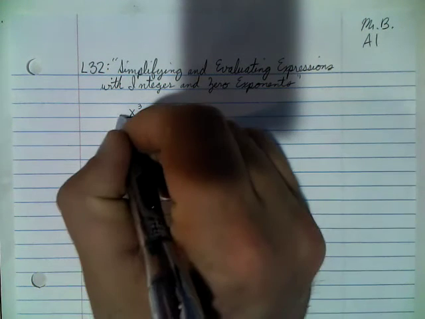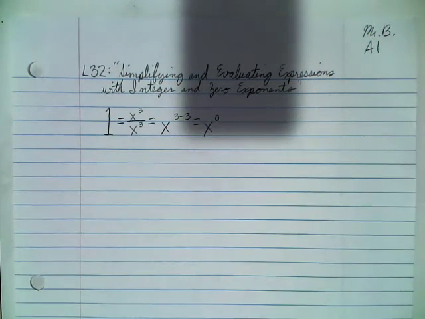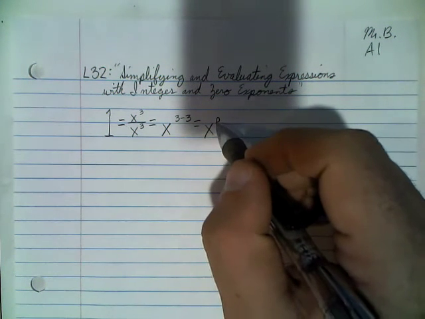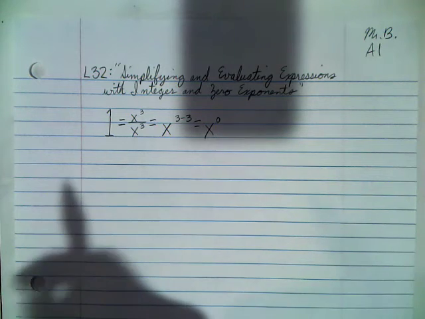Now if we go a different way with this, x to the third power over x to the third power, that's something over itself. Anytime you have something over itself, the answer should be 1. So what we've just discovered here is that x to the power of 0, so anything to the power of 0, is 1. However, we've also discovered an exception to this.